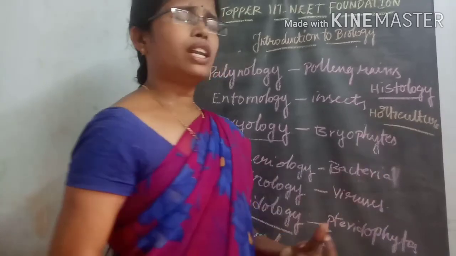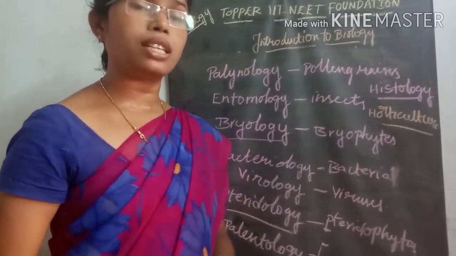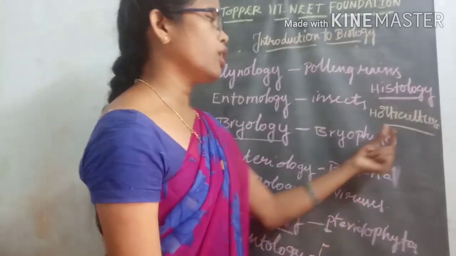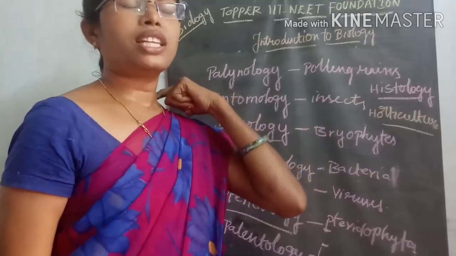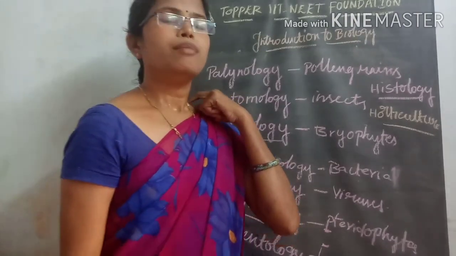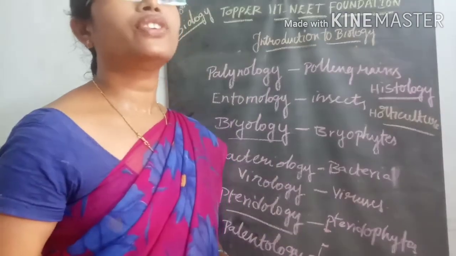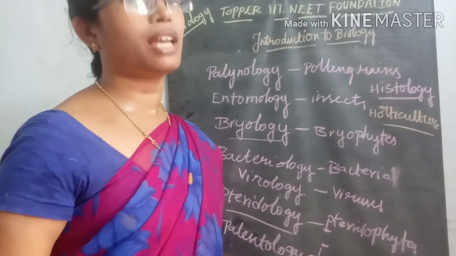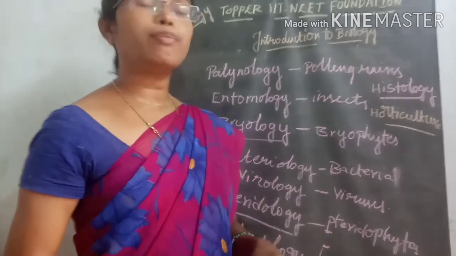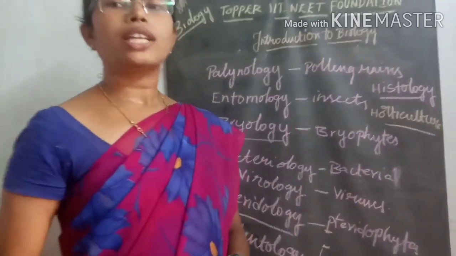Nowadays it is one of the most important subjects, and there are many jobs coming. What is that? Horticulture means maintenance and growing of different varieties of garden plants, like vegetable plants, flower yielding plants, and fruit yielding plants. This comes under horticulture.